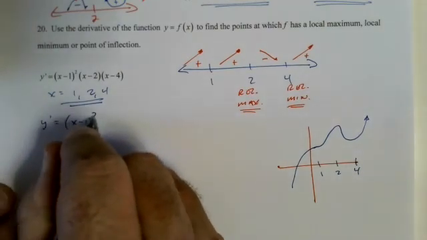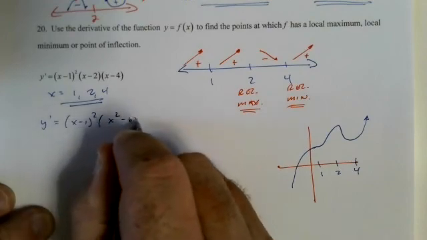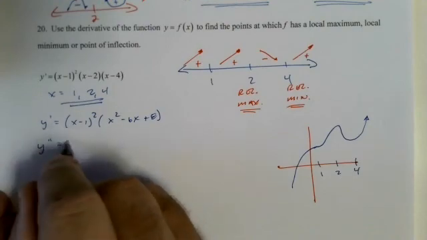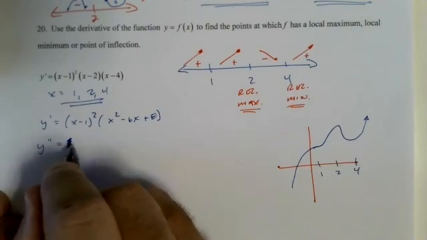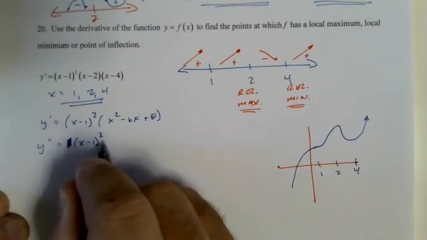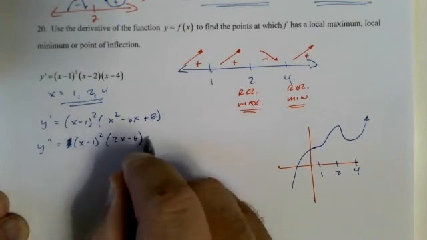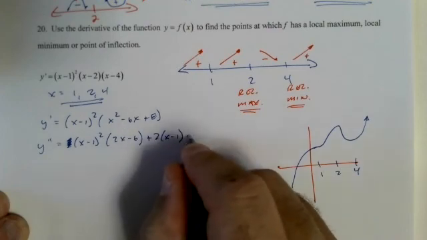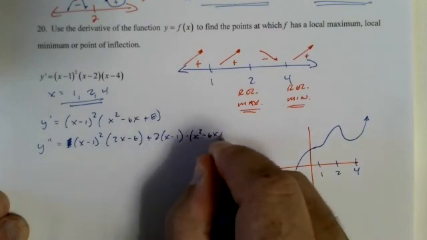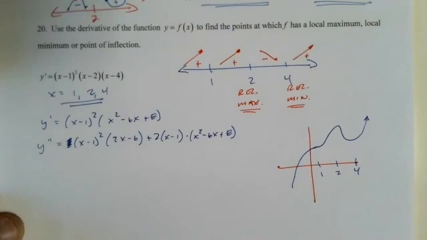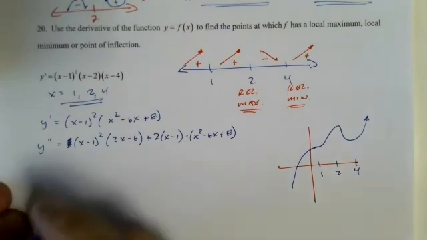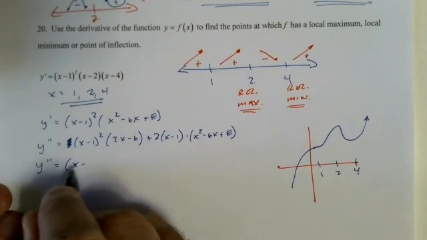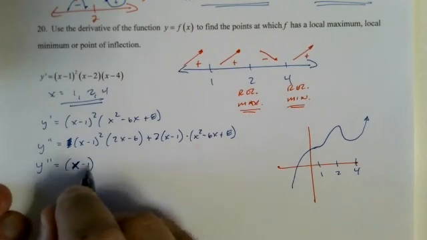x squared minus 6x plus 8. y double prime equals, oh, shoot, let's leave this one alone. x minus 1 squared, 2x minus 6, plus 2x minus 1, no chain rule issues, times x squared minus 6x plus 8. y double prime, I can factor out an x minus 1, which is nice because I'm looking for zeros.